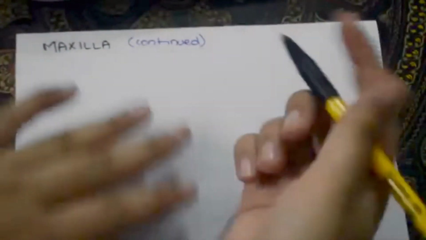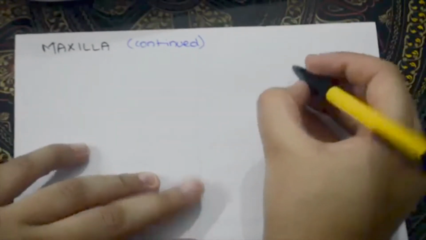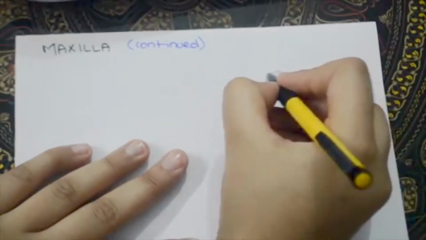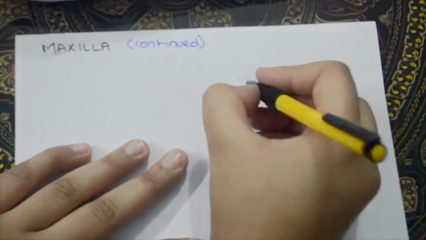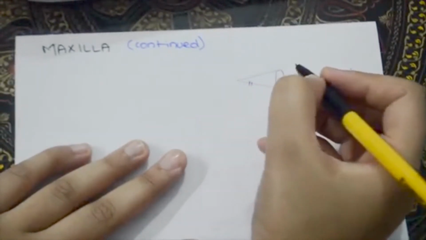We just did the palate, and now we're going to continue with the maxilla, a little bit which was left. As I said, just draw these diagrams so you understand what we are doing. This is the orbit. Now here in the orbit is a canal.